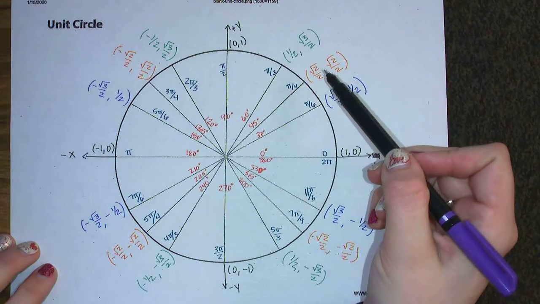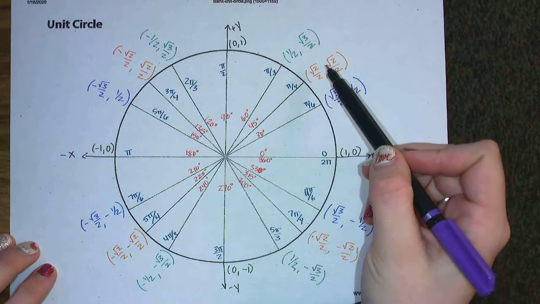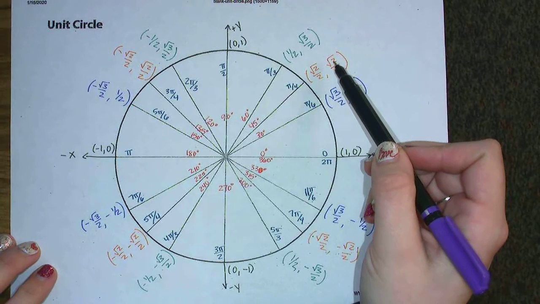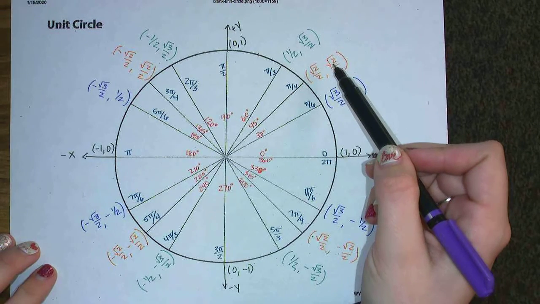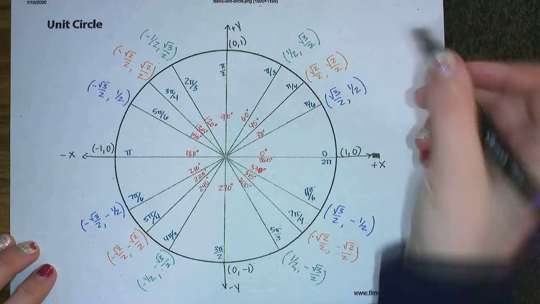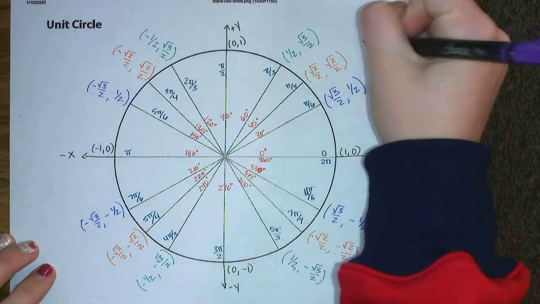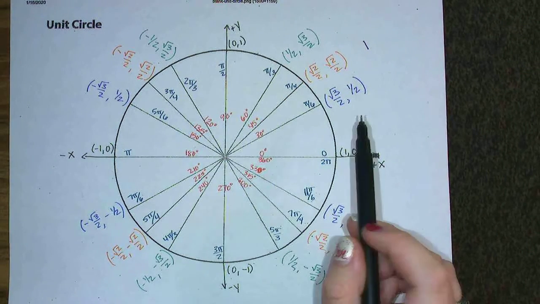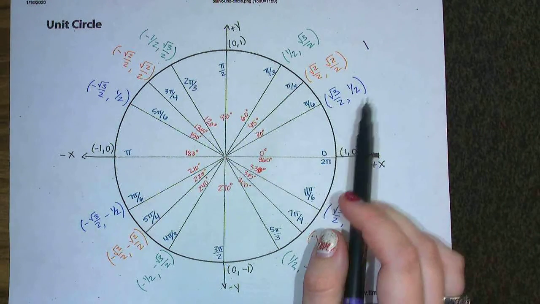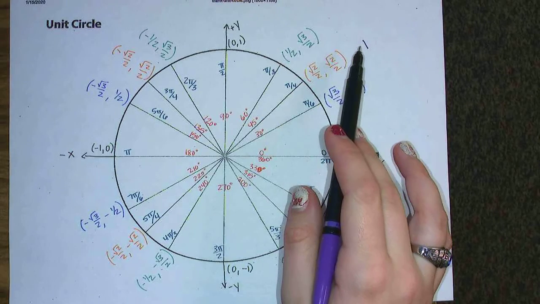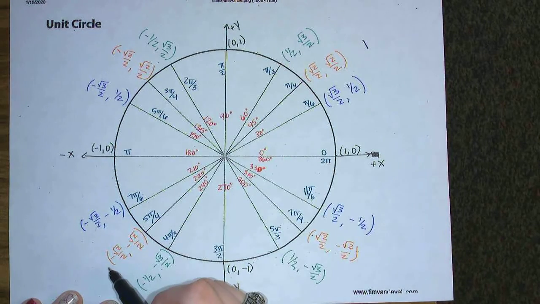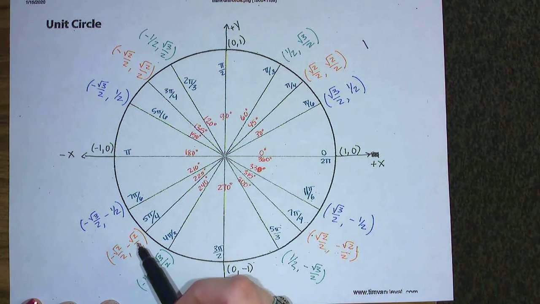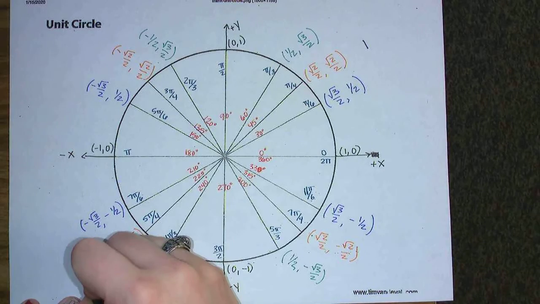Okay. So the easiest tangent value is the root 2 over 2, because root 2 over 2 divided by root 2 over 2, everything cancels, so that gives us 1. Now, in this quadrant, both are positive, so the tangent's positive. Down over here in quadrant 3, both are negative, so it's positive.